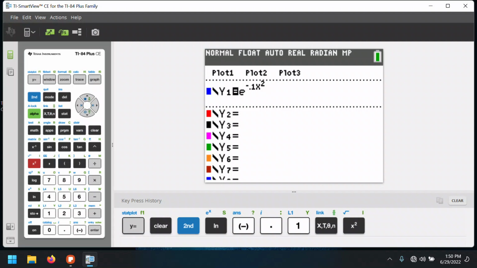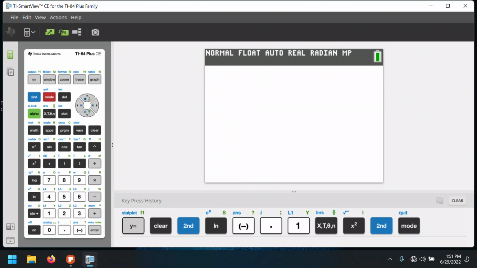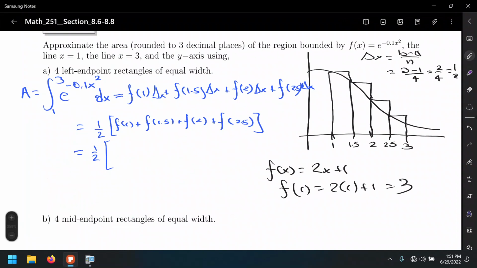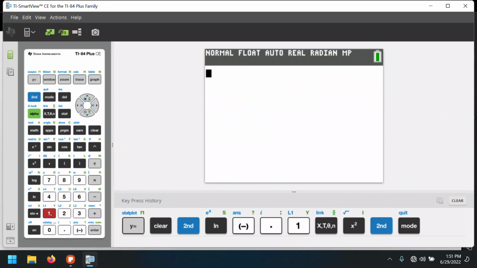All right, so that's our function, and we're done with typing the function. Coming back to the notes right here, let me erase this. I'm going to go from here to the final result. I'm going to do 1/2.